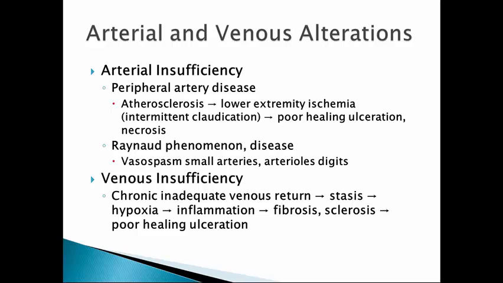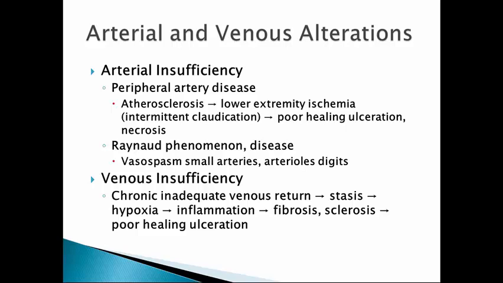They have to warm the hand up, and it can take a while. But you see that white or blue tips on the hand. It's a vasospastic disorder. Venous insufficiency is obviously on the venous side.